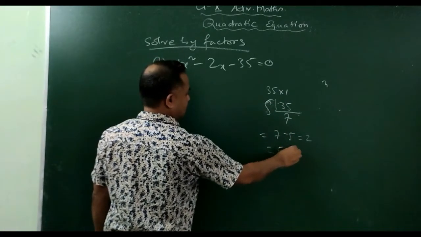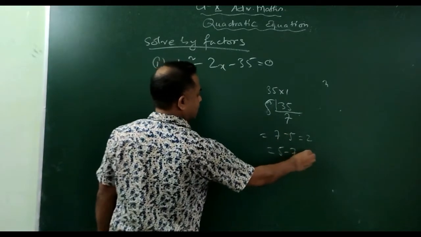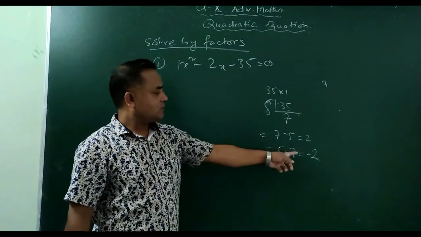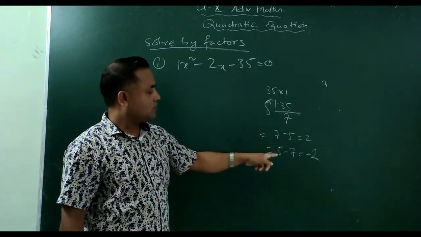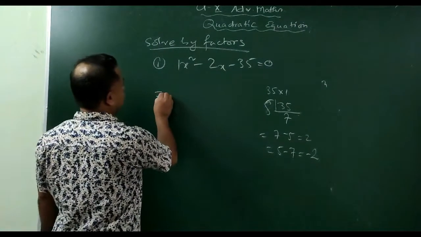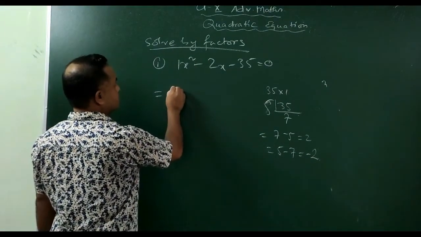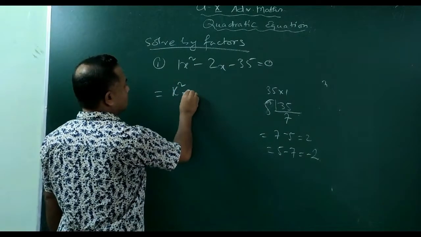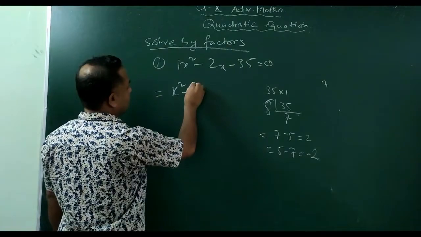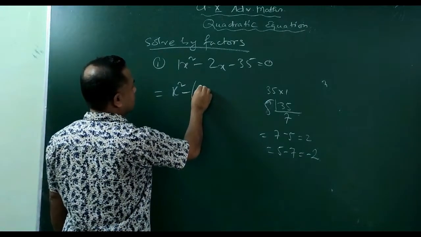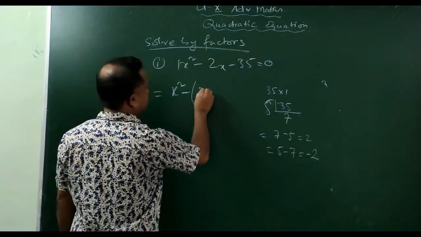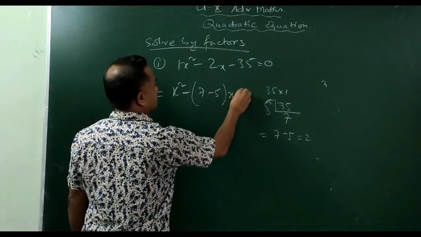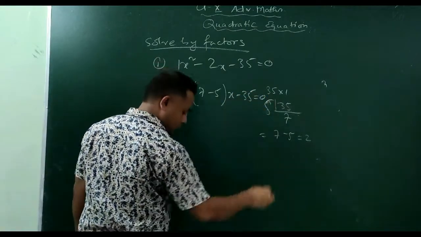Again 5 minus 7, when we alter it, becomes minus 2. So the one which gives us minus 2 is the second one. So we take x square minus 7 minus 5 x minus 35 equal to 0.